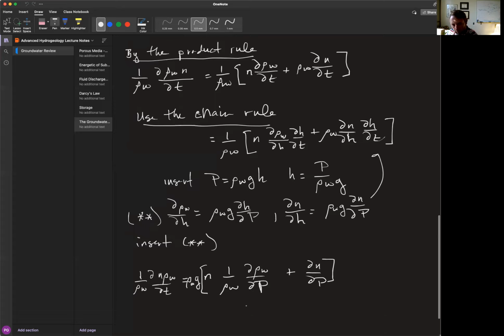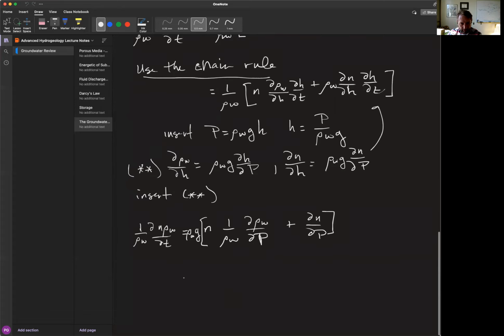All right, 1 over rho water d rho water dP is the fluid compressibility beta, and dn dP is the porous media compressibility alpha.